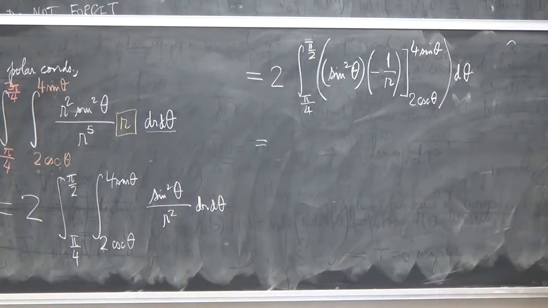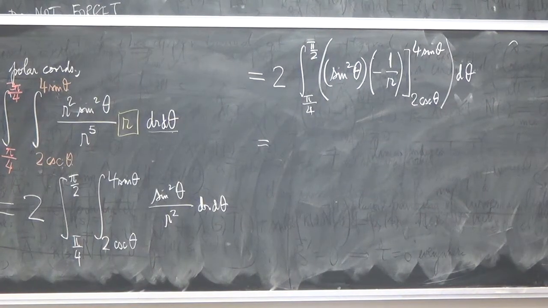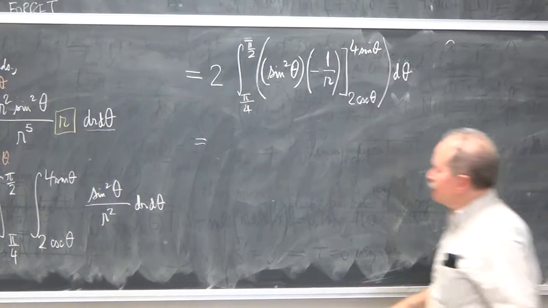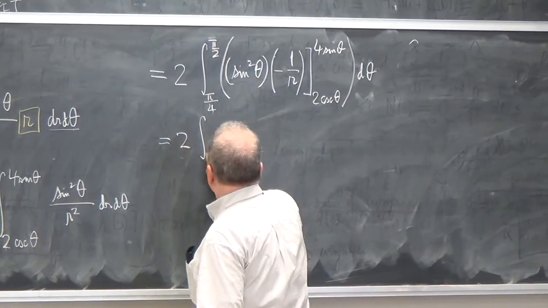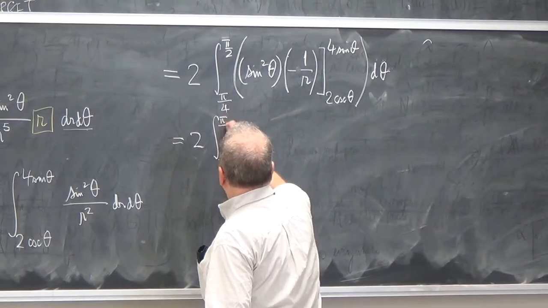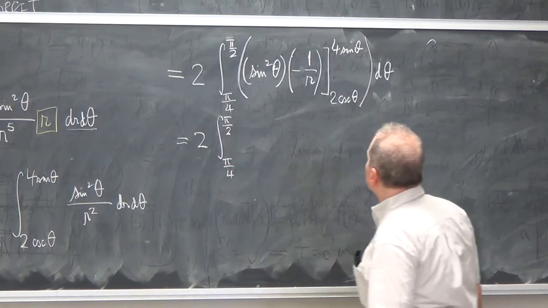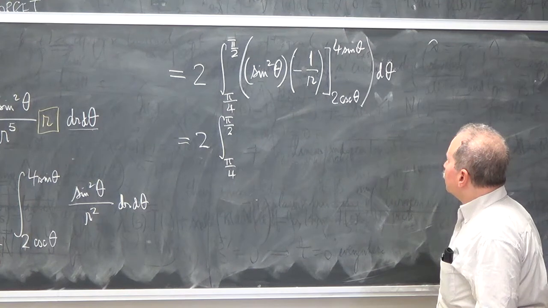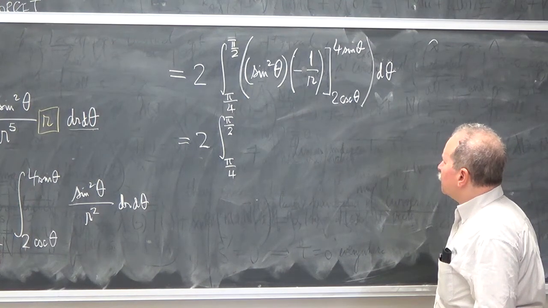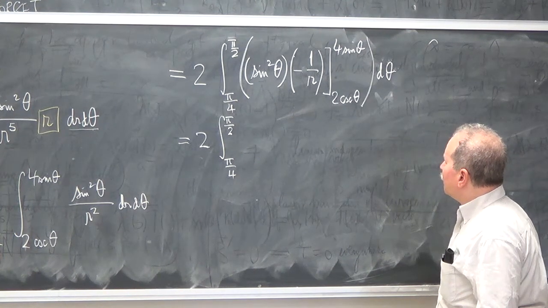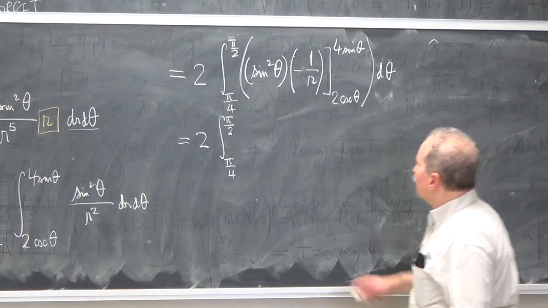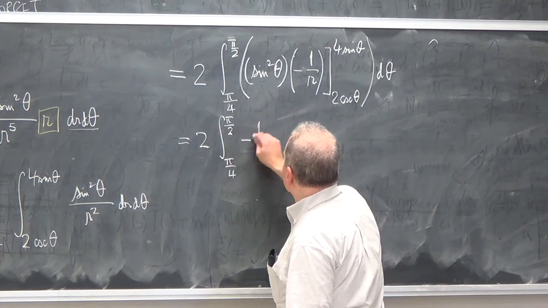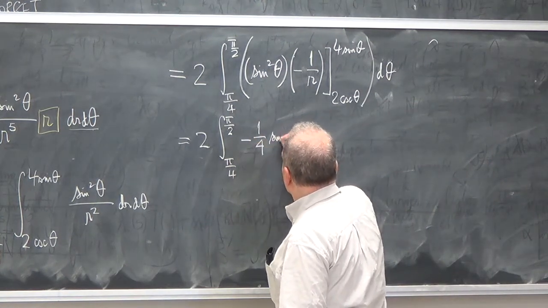Proceed. Integral from pi over 4 to pi over 2. Negative 1/4 sine theta. Everybody agree?